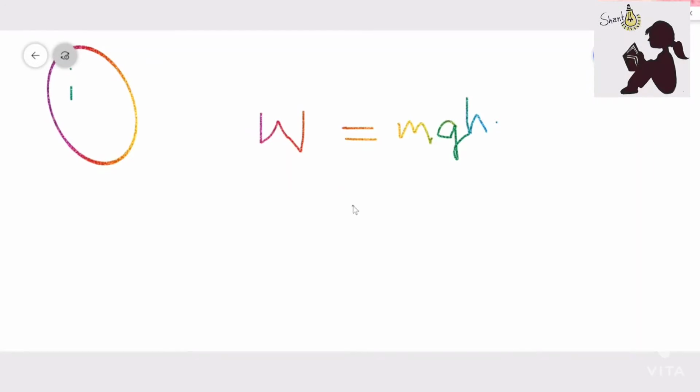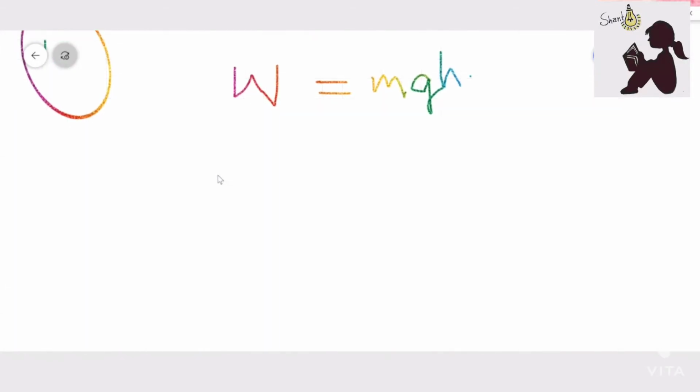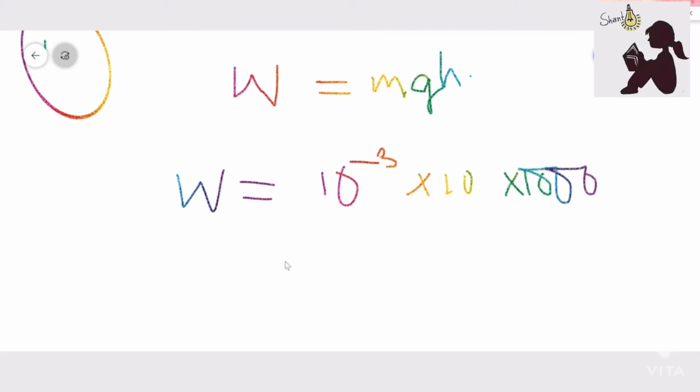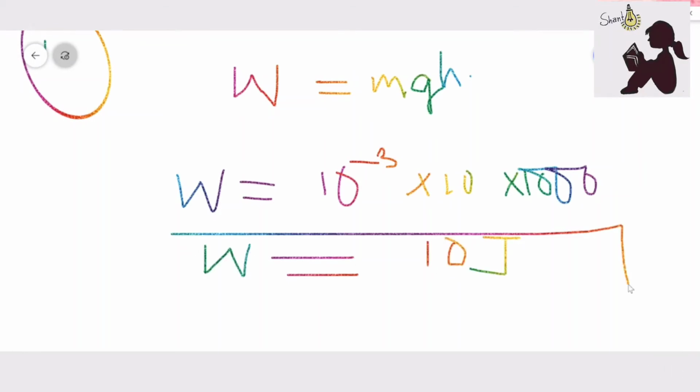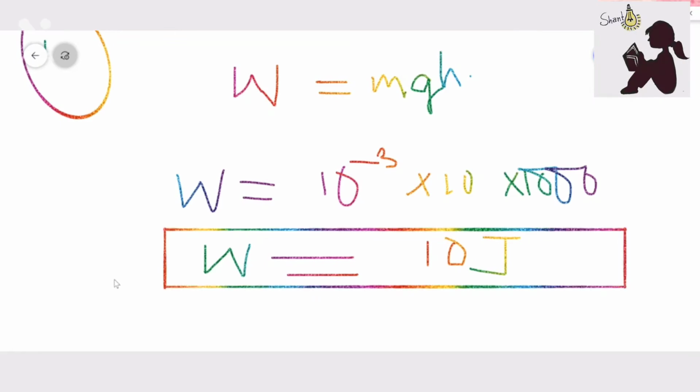That is m, 10 to the power minus 3, into g, that is 10, into h, that is 1000 meters, which comes to 10 joule. So the work done over here is 10 joule.